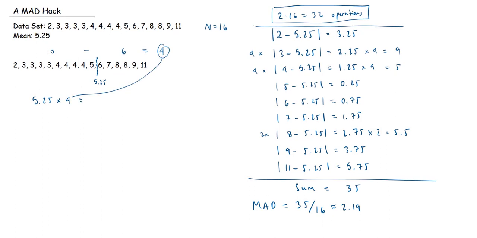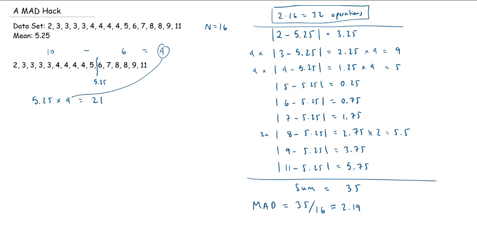This is the one place we're actually going to have to deal with the mean, which is nice, because here we had to constantly be subtracting this 5.25, which is gross. Maybe they're nice and give you a mean that is an integer value, but when it's got a decimal, that's not so fun. So here we just have to one-time compute this product. So let's see, 20 and 1 is 21.